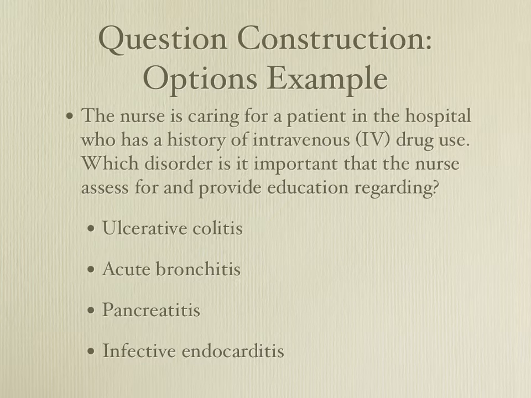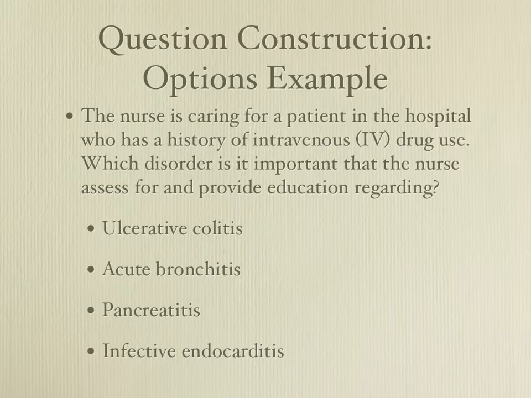So in the options example here, we have the same stem that was provided before. And in our options here, you can see that they're all approximately the same length. They all end in itis. However, the student has to use a high level of discrimination in order to decide what is the correct answer. We know that ulcerative colitis is not associated with IV drug use, and it's also an autoimmune disorder.